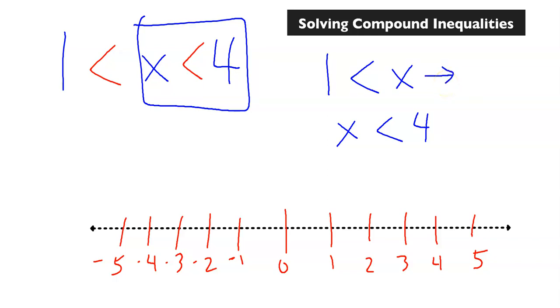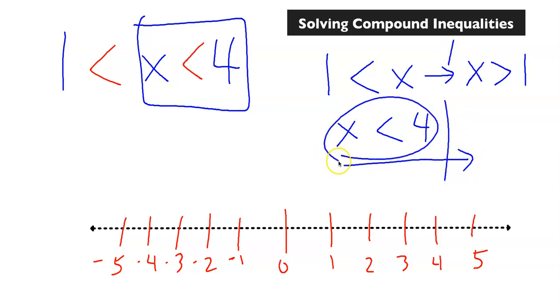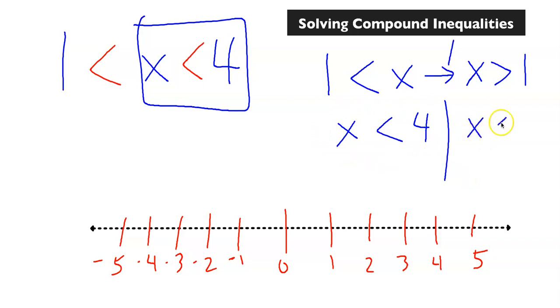The way that I do that, though, is I have to deal with the inequality symbol by flipping it. I'm going to put it in terms that I actually understand. This one is going to go across as it normally would. So x is less than 4.